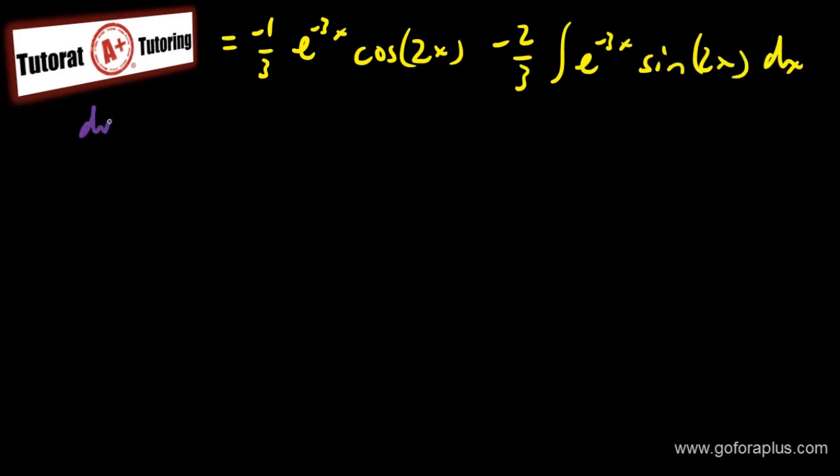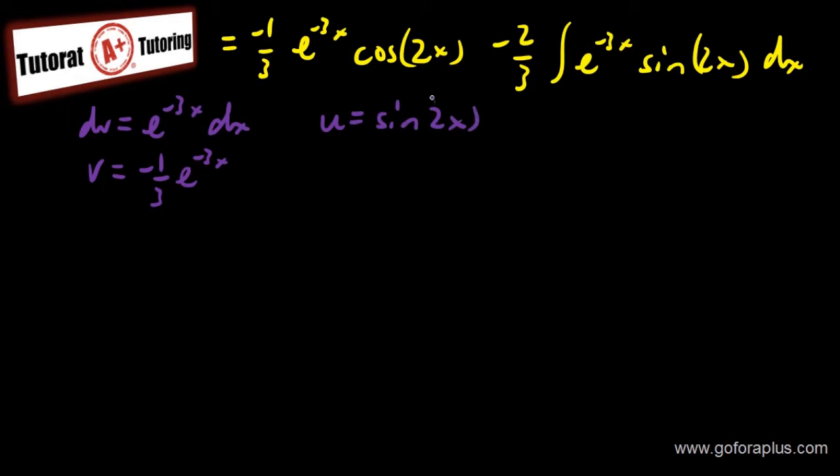Now again, dv is basically e to the minus 3x. v is equal to minus 1/3 e to the minus 3x. Now this is dx here. My u to be sine of 2x. du is equal to 2 cos of 2x dx.